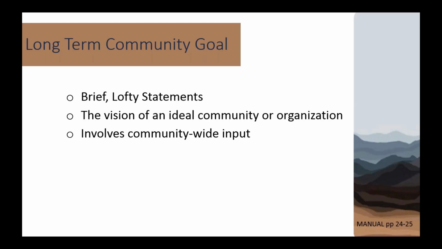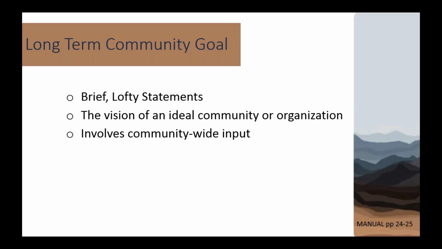In addition to identifying your long-term community goal, you will also need to describe how the long-term community goal was determined and what role your community played in that decision. For instance, did your tribe or organization conduct a survey or hold a community meeting? What were the results of the community's participation?